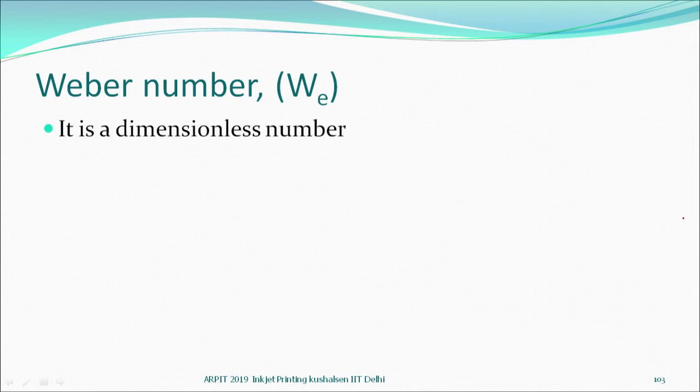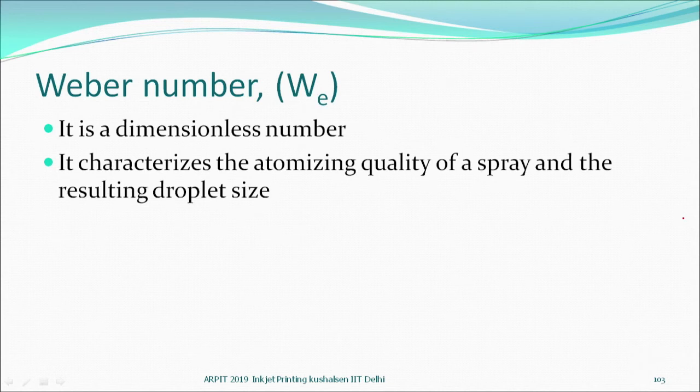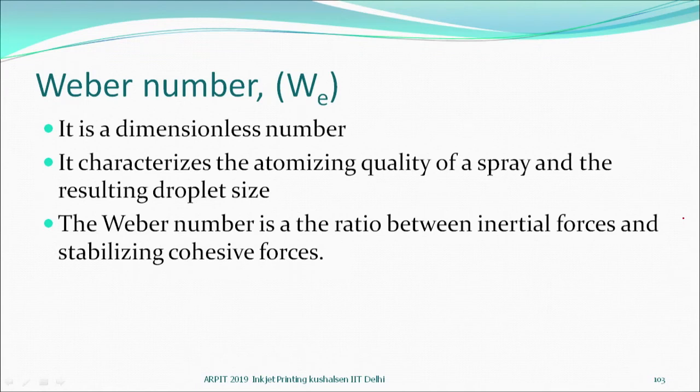The Weber number is a dimensionless quantity. It characterizes the atomizing quality of the spray and the resulting droplet size. It is a ratio of the inertial forces and stabilizing cohesive forces.